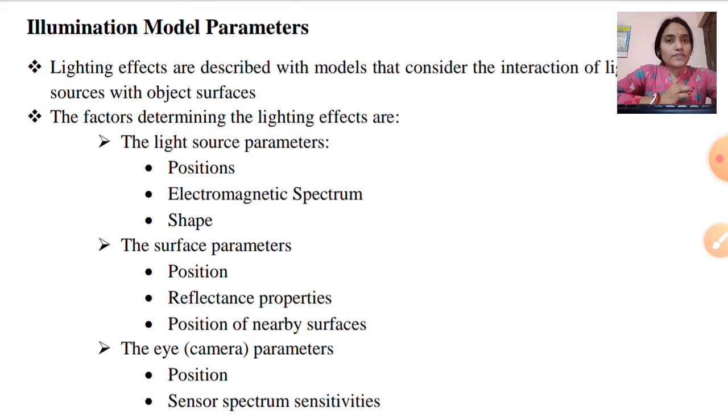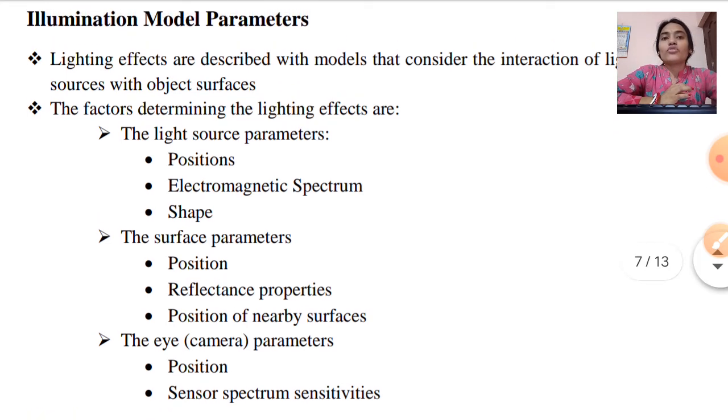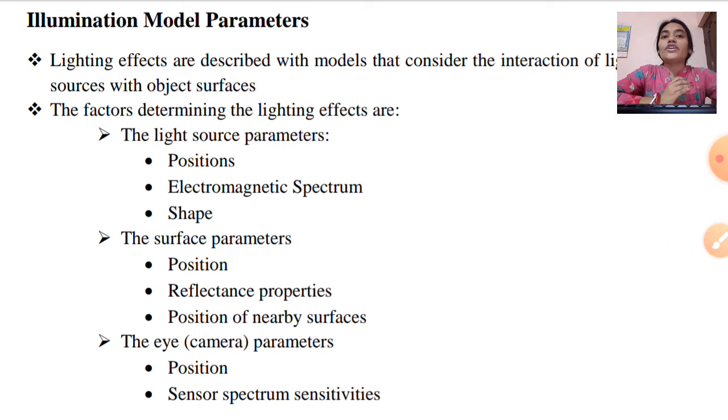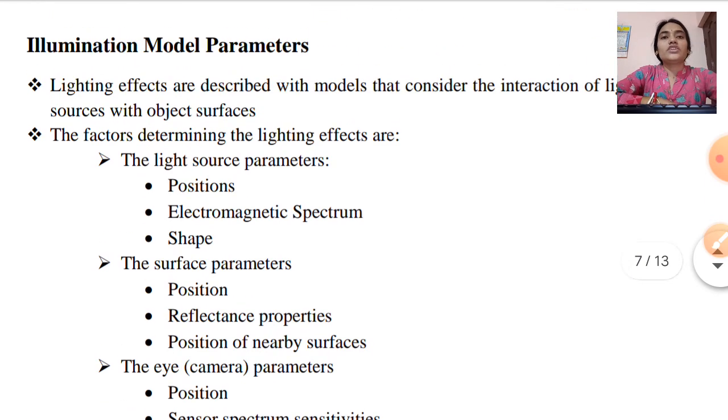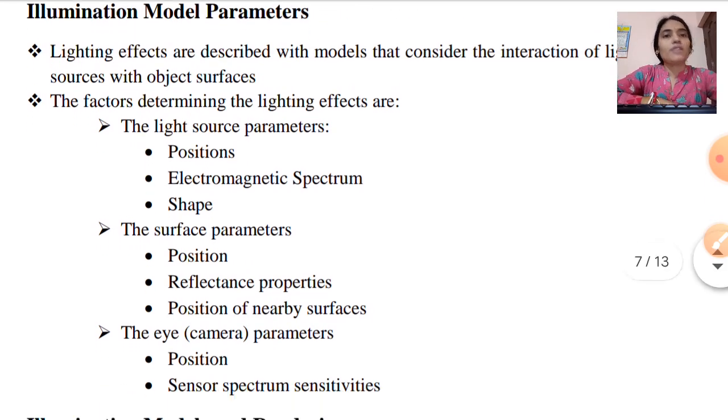In the light source parameter, we focus on the position, electromagnetic spectrum, and shape. In the surface parameter, we focus on the position, reflectance properties, and position of nearby surfaces. In the camera or eye parameter, we focus on position and sensor spectrum sensitivities. So this is our illumination model parameter.